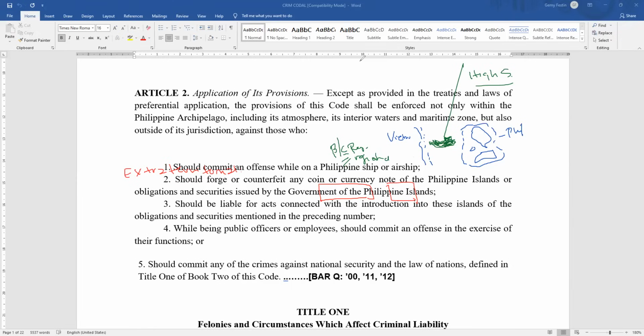So, for example, a crime was committed inside the vessel. Sa vessel na ito, the crew are Malaysians. We have also the owner, and we have also where the vessel is registered.